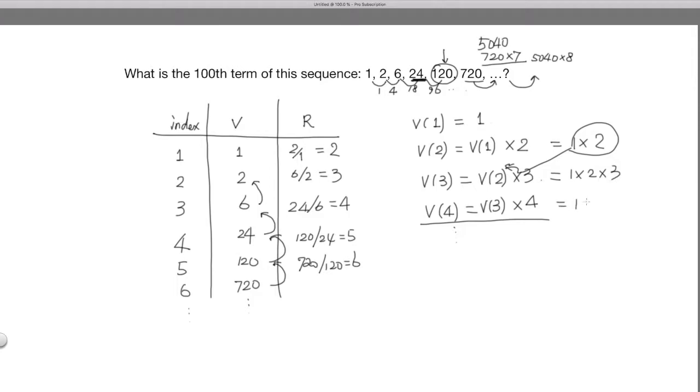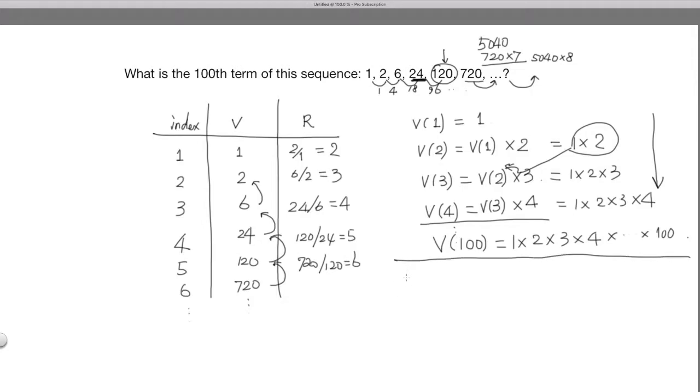And V4 equals 1 times 2 times 3 times 4. This is the plugging forward way. And you can get V100 equals 1 times 2 times 3 times 4 all the way to 100.